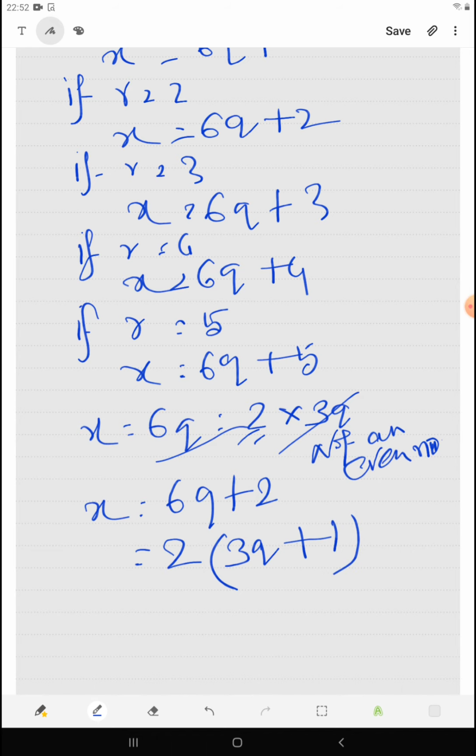So this again has a factor of 2. Sorry, my mistake. It's an even number. Even the first one was also. So this is an even number.